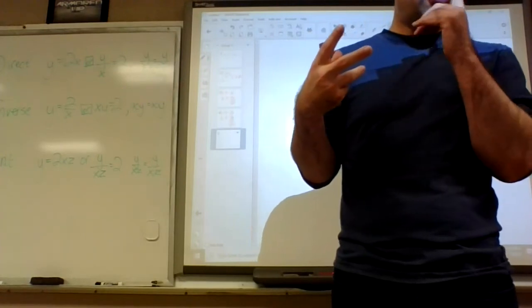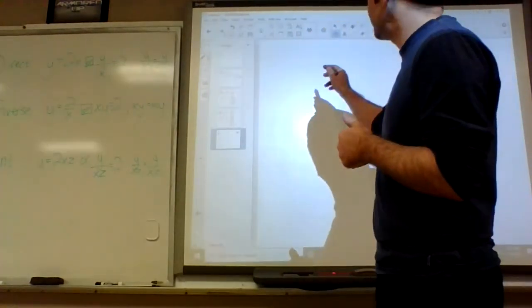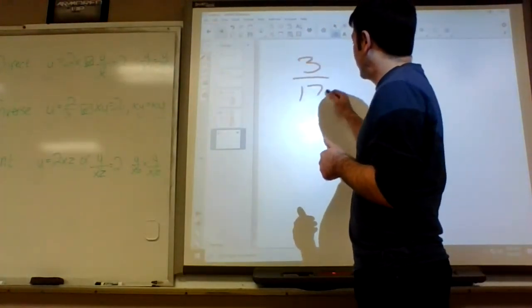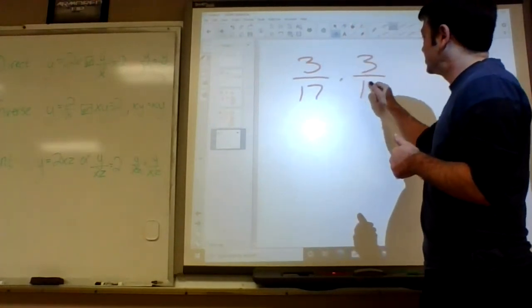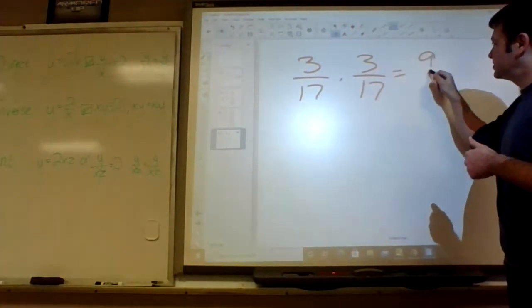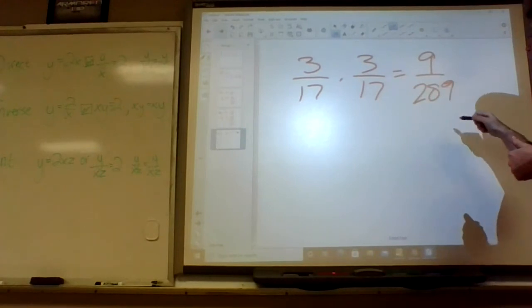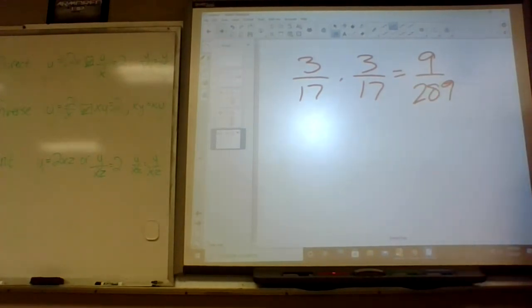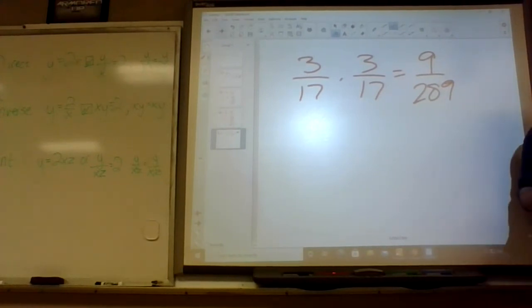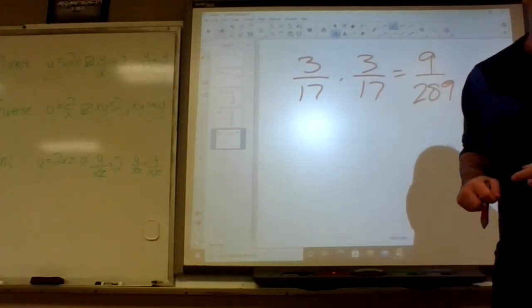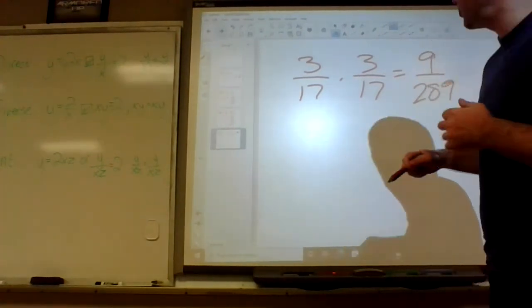What's the probability of drawing a white? 3 in 17. So the probability of getting two whites is 9 in 289. All we have to do is add that probability to what we got on 21. The 84. 84 out of 289.